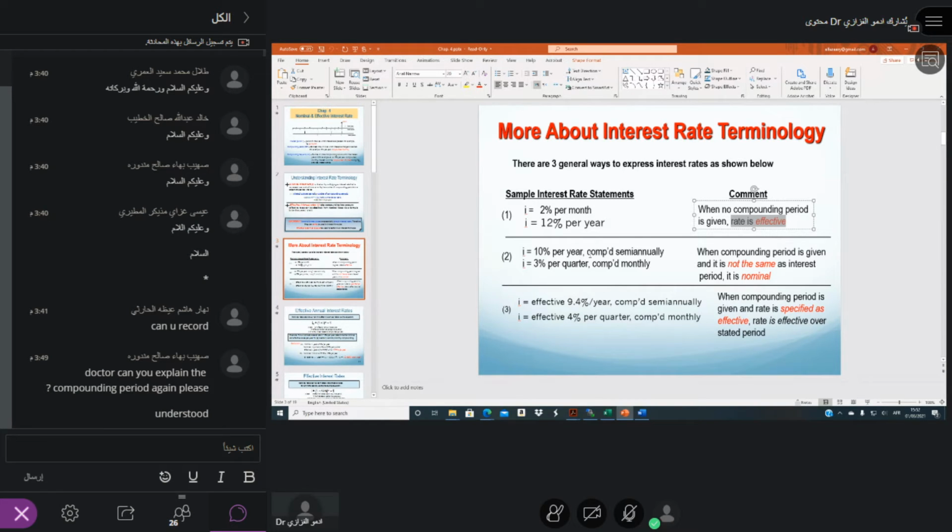But sometimes they use the word compounded. So let's say the interest rate is 10% per year. For example, they can use this language: interest rate is 10% per year, compounded semi-annually. That is, it is taken from you semi-annually, that is twice in a year.